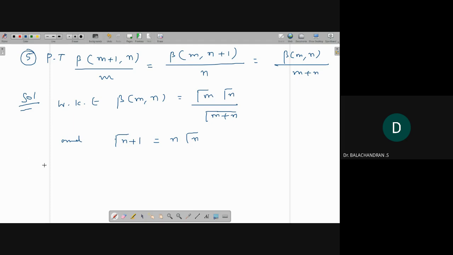First I will take the numerator, that is beta of m plus 1 comma n. Instead of m, replace by m plus 1.